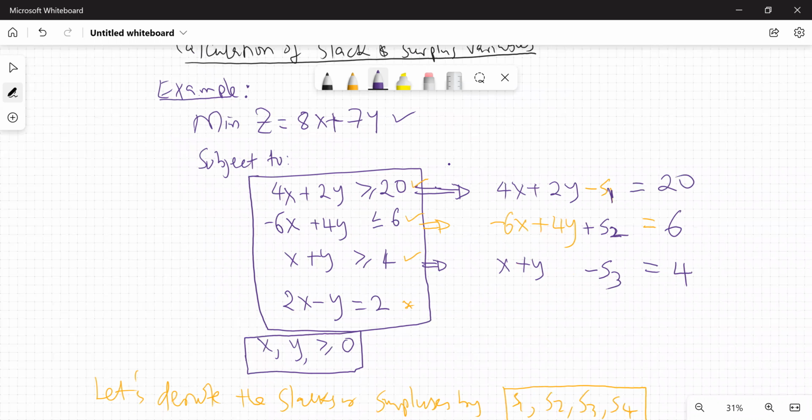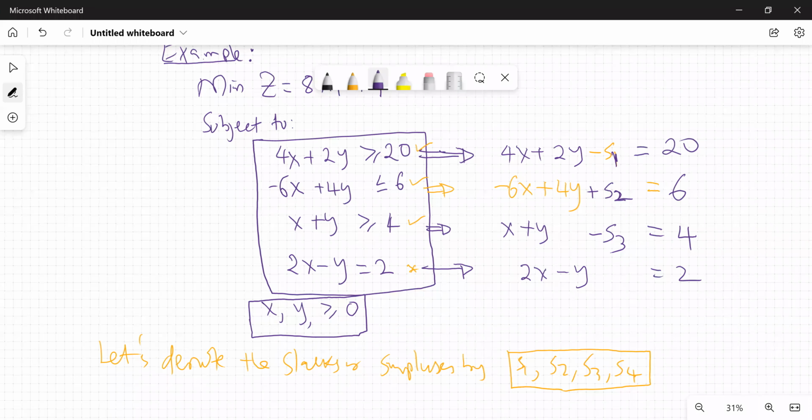Then finally, the last one here does not have an inequality, so it is just an equation. So we are not going to have anything here. We have 2x minus y equal to 2. So there's no slack, and we can just remove this.